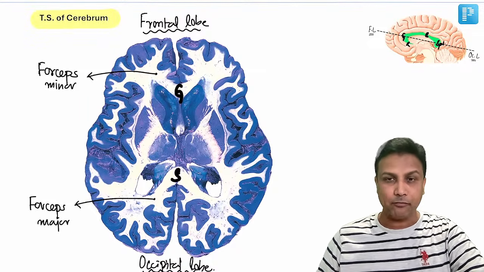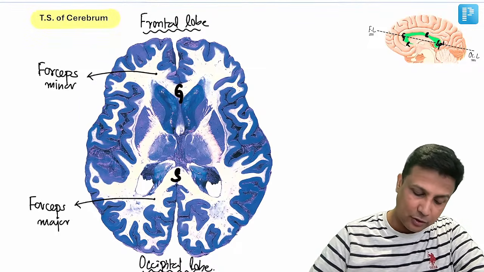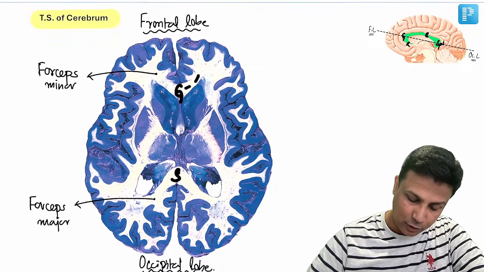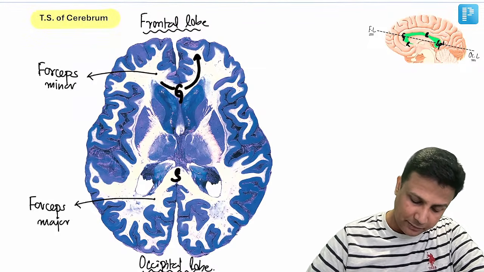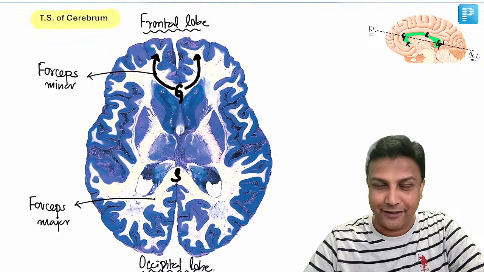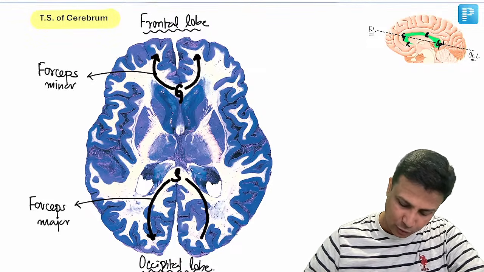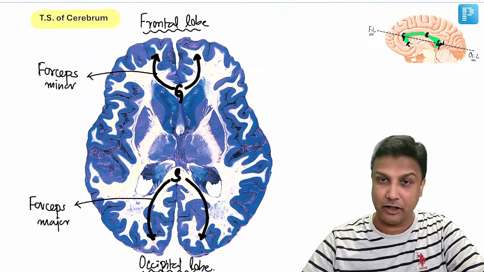Then you are able to see here that there will be white matter fibers which connect the genu with the frontal lobe, and that will be the forceps minor. And the fibers which connect the splenium with the occipital lobe, this will be the forceps major.